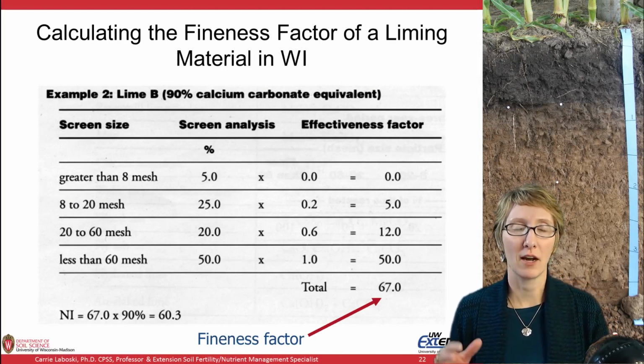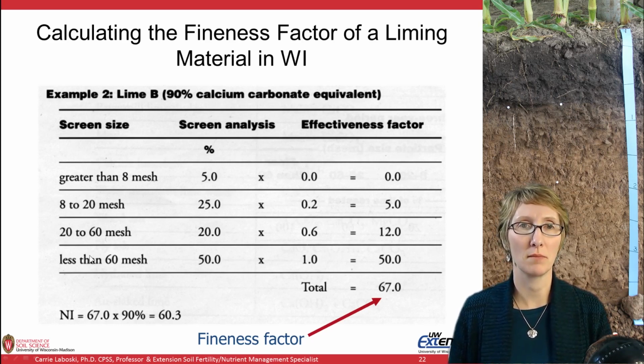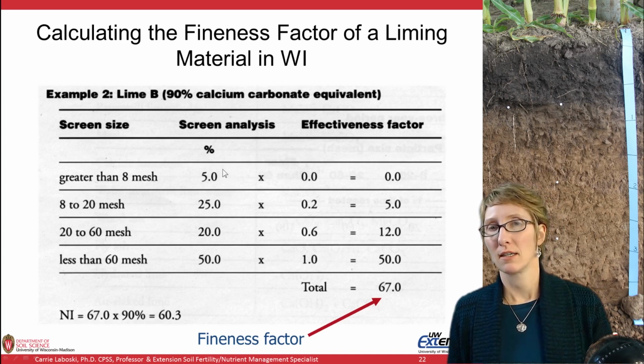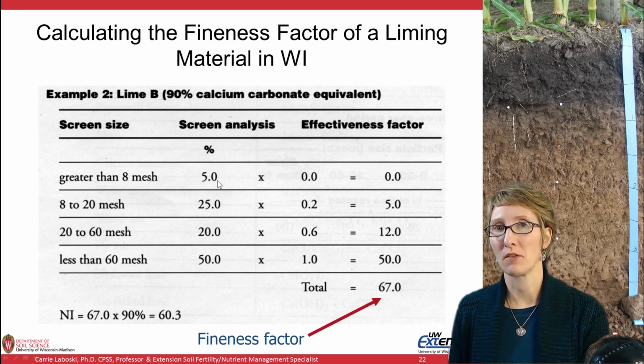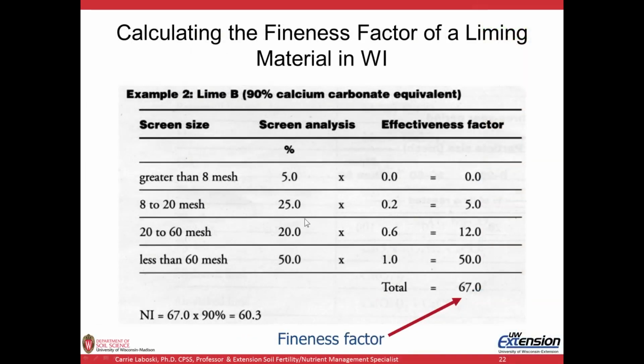Now, to actually calculate the fineness factor, what we do here is we have our screen sizes that we showed on that previous slide, the meshes, and here's the analysis. So just an example of what percentage of the lime that was put on, a sample of lime.